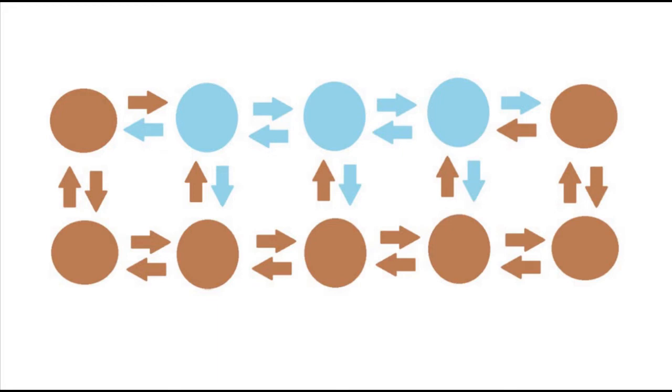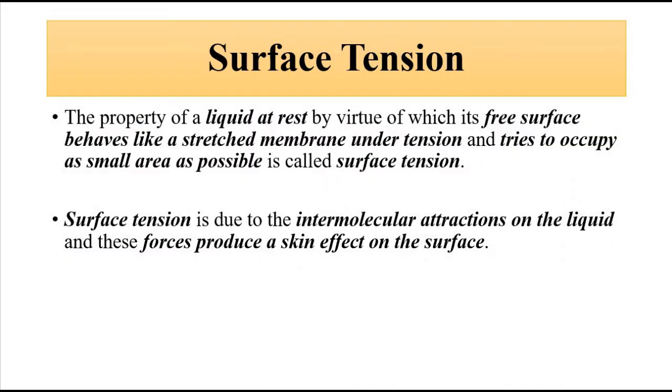Another important thing associated with this is the surface tension phenomenon, which is the property of liquids at rest by virtue of which they behave as a stretched membrane and are gradually pulled a little bit downwards, bent downwards, or in some cases bent upwards, leading to concave and convex meniscus.